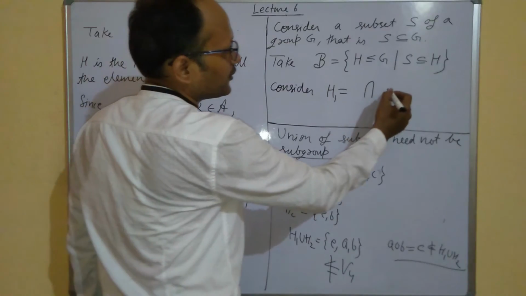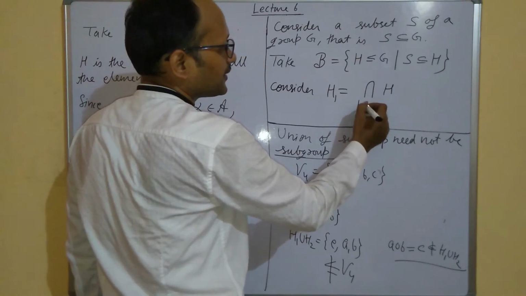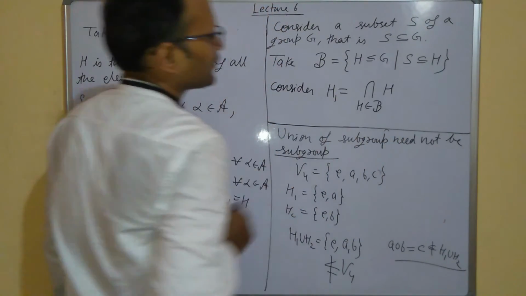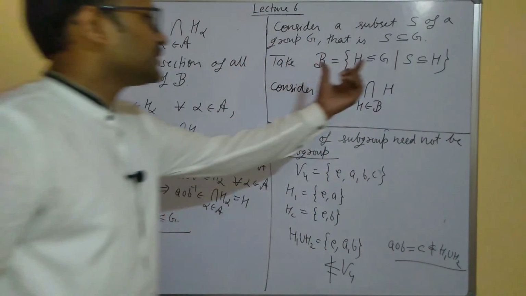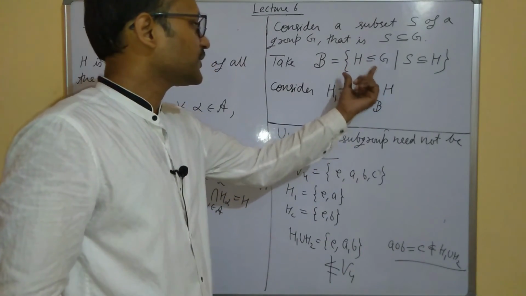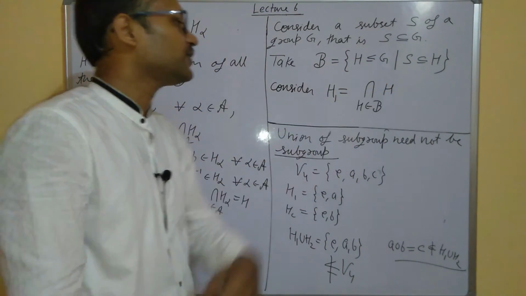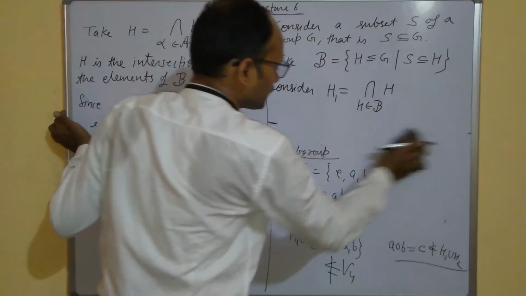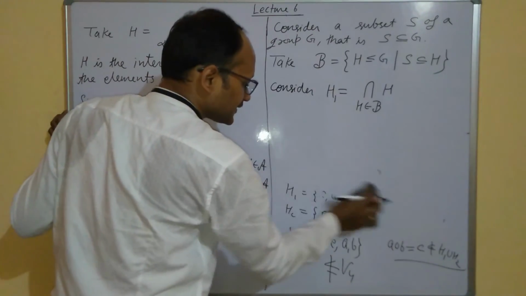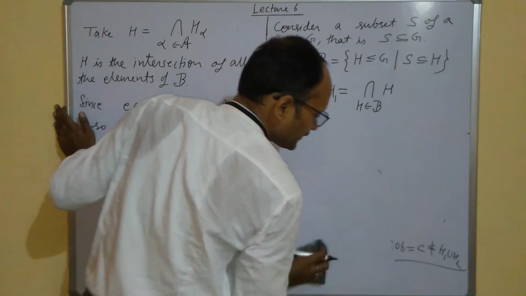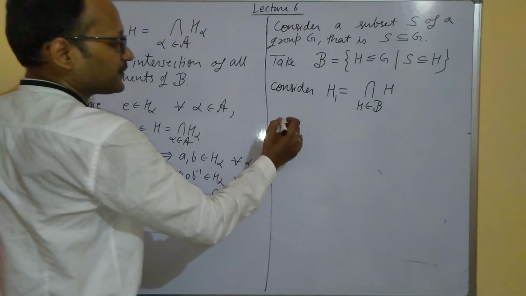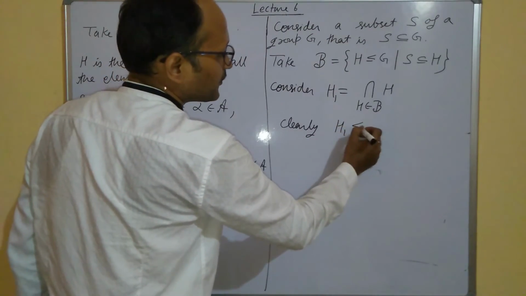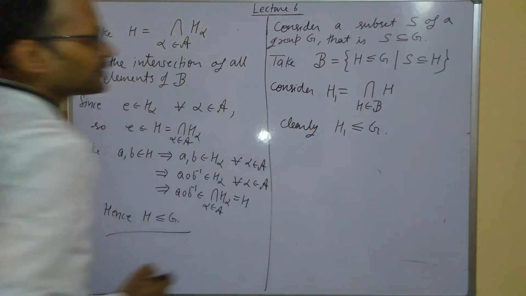Let me call it H1 to be the intersection of H such that H belongs to B. So this is the set of subgroups and H1 is the intersection of all the subgroups. Just now we have proved that this intersection will be a subgroup. So clearly H1 is a subgroup of the group G.